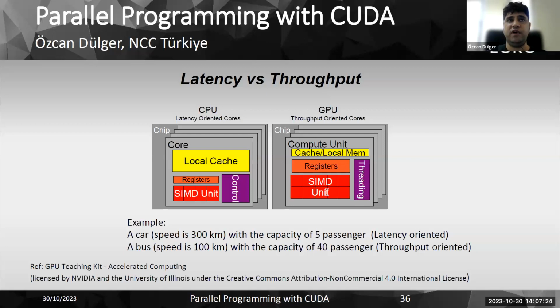Let's assume we want to arrive at a location that is far away from us, 300 kilometers away, and we want to carry 50 passengers to that location.